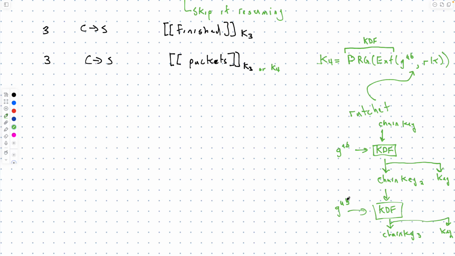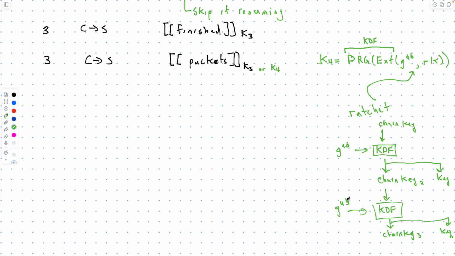Let's say you're doing Signal. In the extreme, you could ratchet on every message: every time I send you a message, we do Diffie-Hellman, and we continuously do it. Sometimes you send more than one message before the person receives them because they're offline, so you won't quite ratchet at every message, but that's the concept.